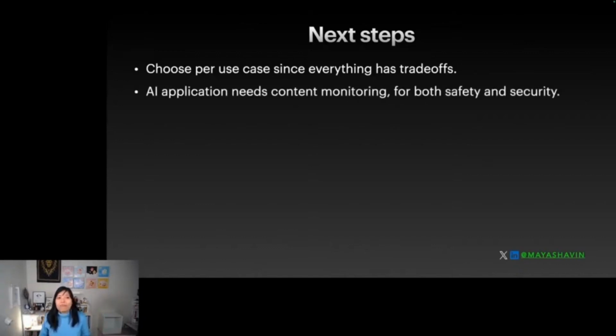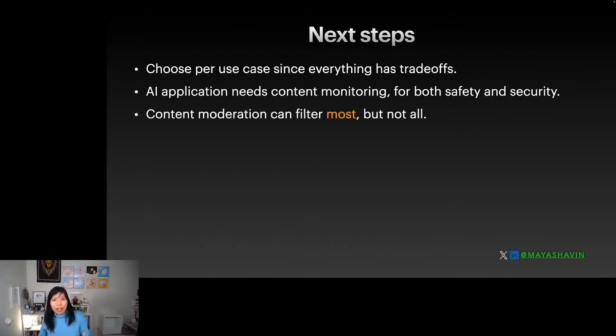And as you can see, AI applications need monitoring regardless, for safety. And even though content moderation can feel the most, at the low level the content is still pretty much offensive. It really depends on the human who reads or feels it to decide what level of offensive it will be.